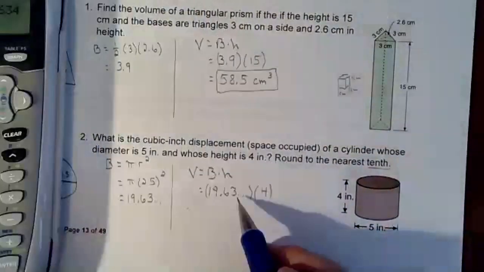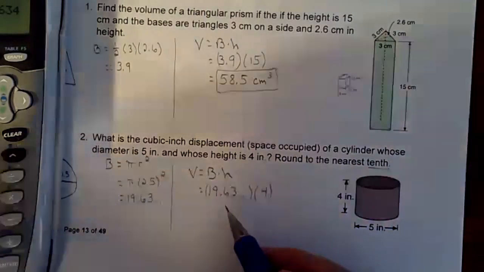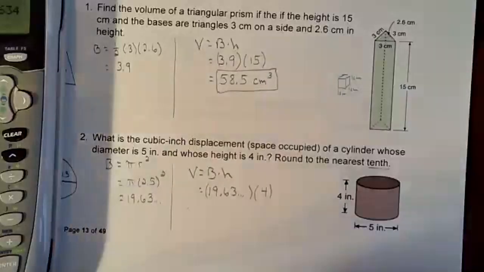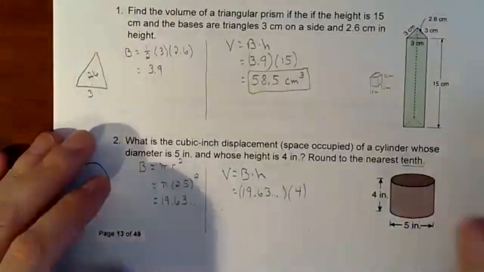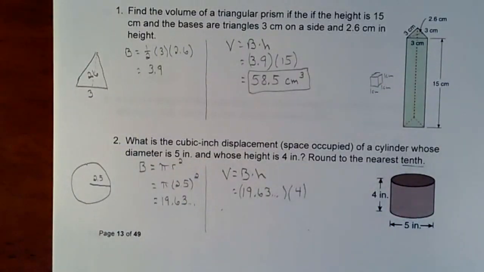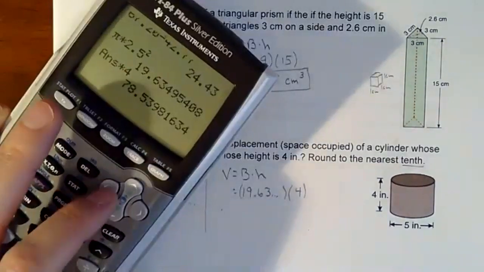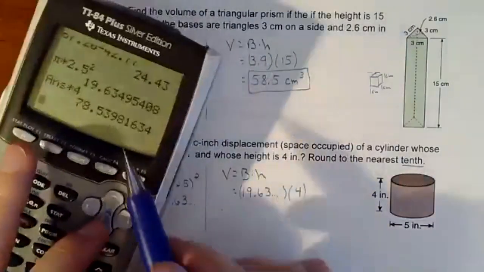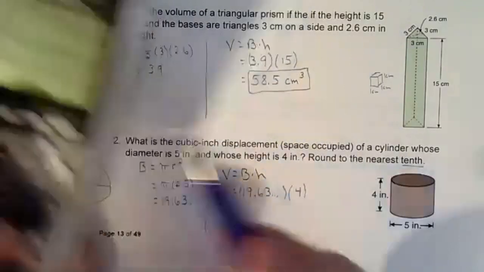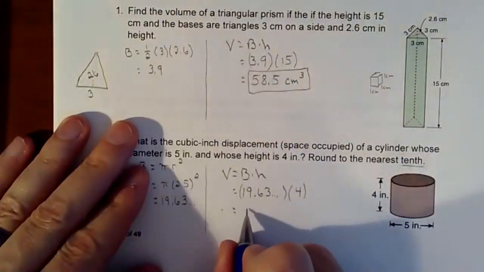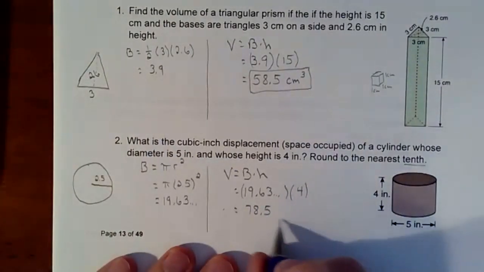If I round earlier, I may make my answer too low or too high, because rounding within rounding increases the rounding error every time you round. I want to hold off until the very end because my calculator will store it all for me. So we're going to the nearest tenth. The 3 does not bump the 5 up, so it's 78.5, and we are at cubic inches.